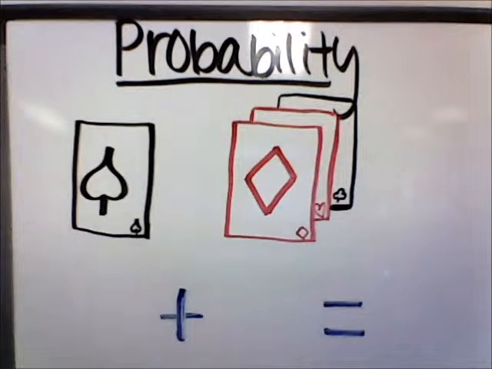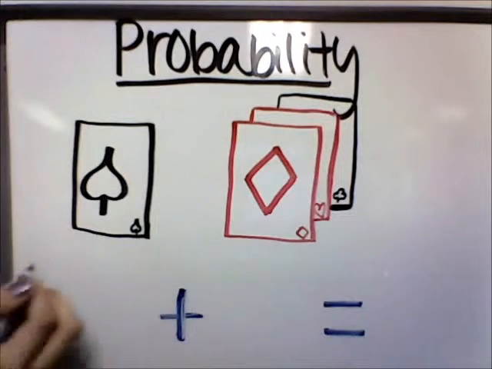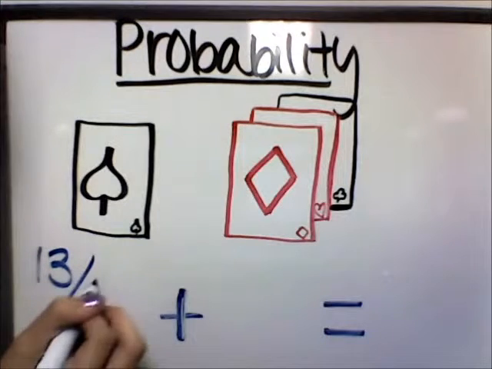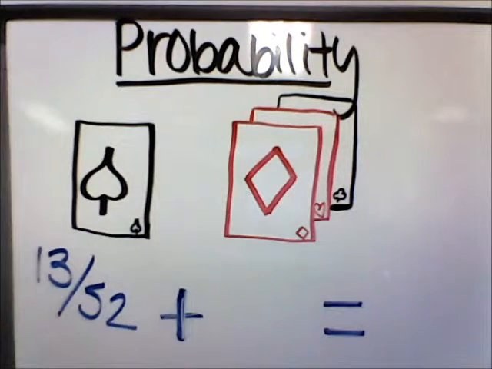Here's another example. You are trying to pull a random card out of a standard 52 card deck. What is the probability that you will pull a black spade? There are 13 out of 52 cards, 13 being the total number of favorable outcomes, 52 being the total number of outcomes.